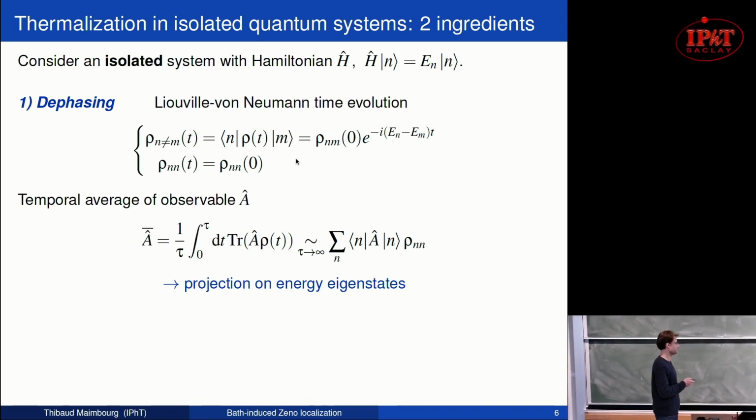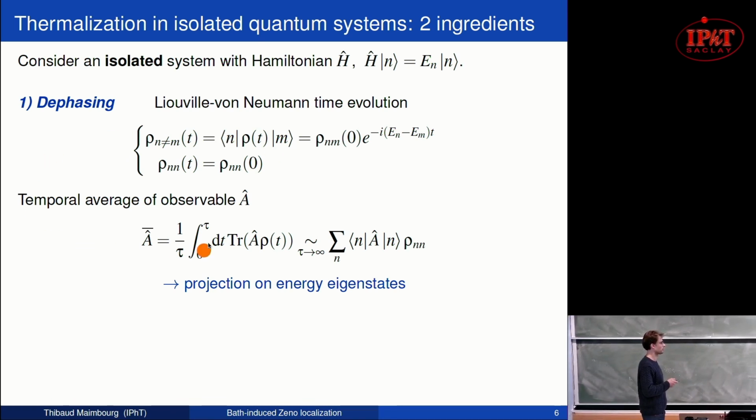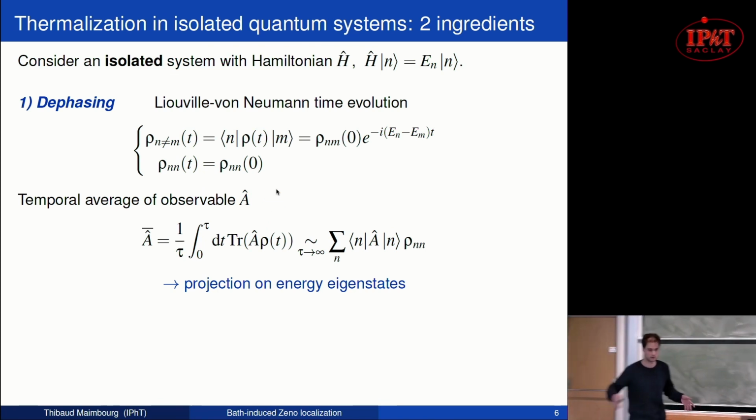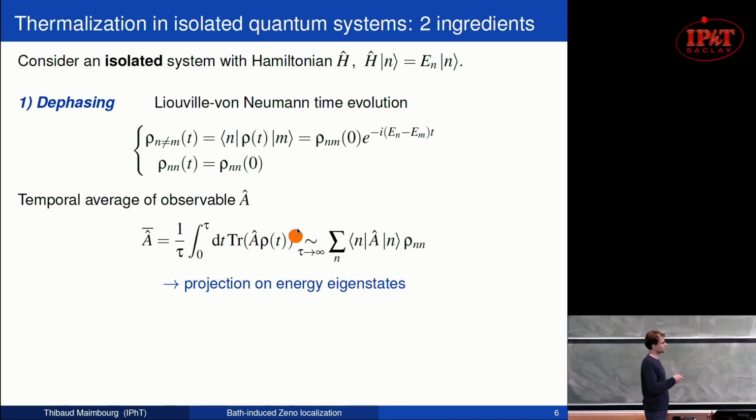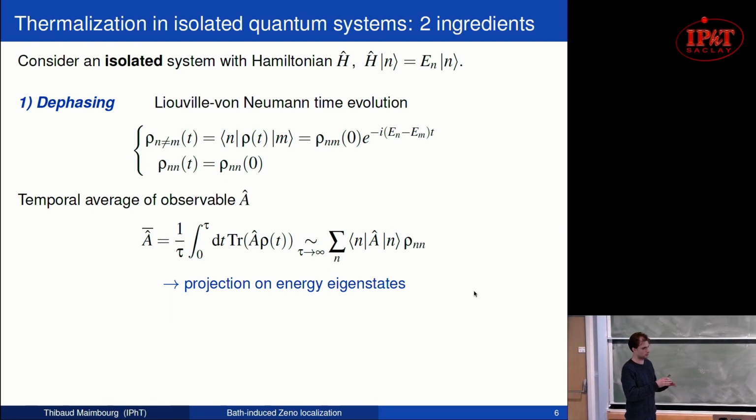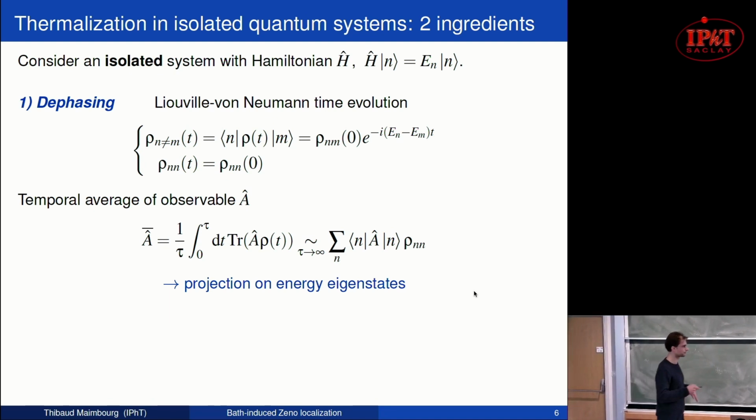So now if you consider the temporal average of some observable, so you are thinking of a steady state, you want to make thermal averages. You will compute these averages and you see that due to the oscillating behavior here, it gets projected on the diagonal, so on the eigenstates of the Hamiltonian. Okay.